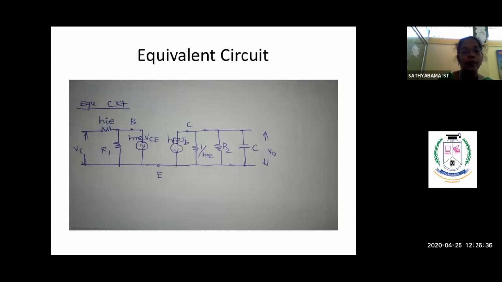By applying the approximate model, HRE is eliminated and HOE is replaced by 1 by HOE, so I have HIE and R1 on the input side, and HFE-IB, 1 by HOE, R2 and C on the output side. With the same derivation as in the general time-base generator, the four parameters are calculated: ZI is the variation of input voltage and input current, Z0 is the variation of output voltage and output current, the voltage gain is measured by taking V0 and Vi, and the current gain by considering IC and IB, because we don't have any extra resistor at the input or output side.